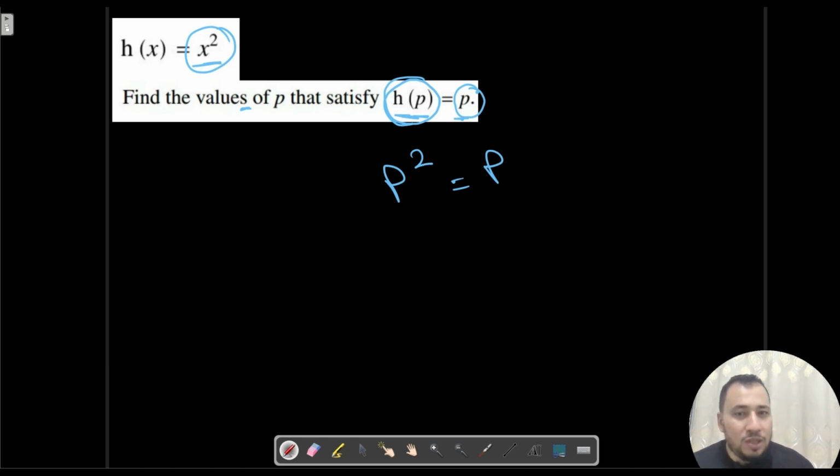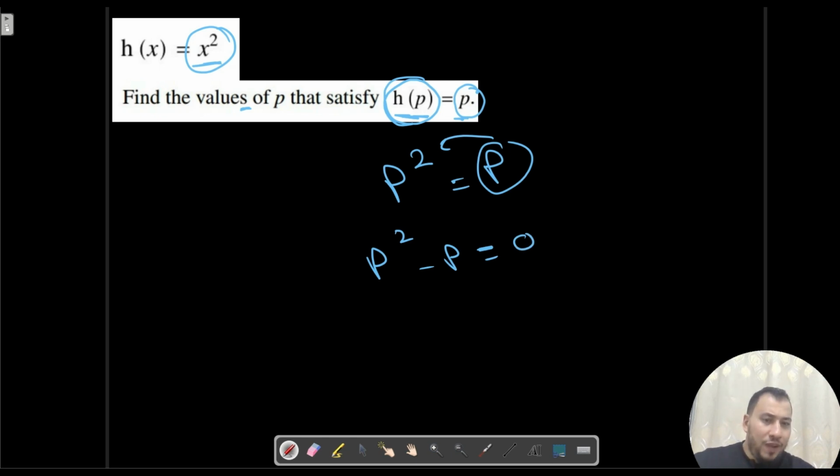So how can we solve this question? This here is a quadratic equation. What you should do is make it equal 0. When it's a quadratic equation, you have to make it equal 0, then factorize. This is something you have to know always. To make it equal 0, I will move this to the other side. So p squared minus p equals 0. What type of factorization do we have here? We have common factor, which is p.